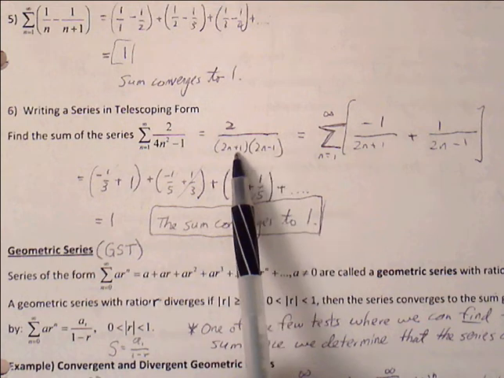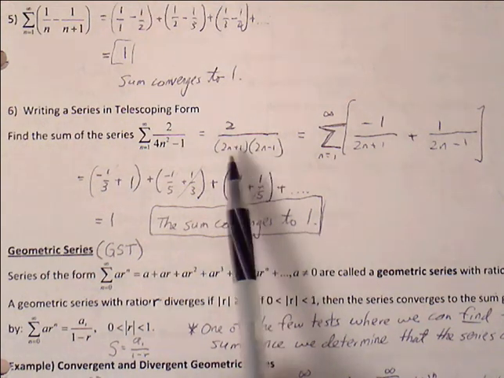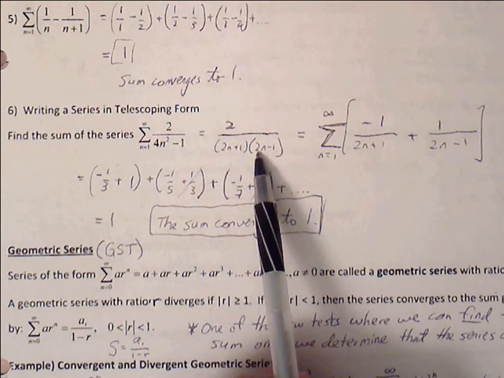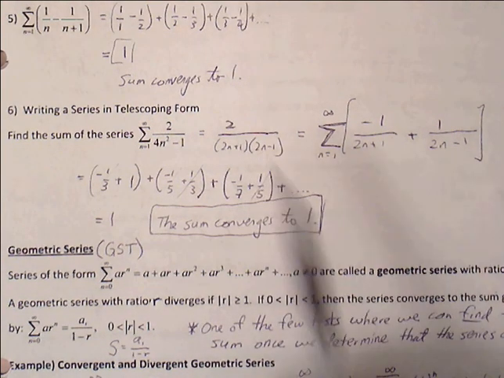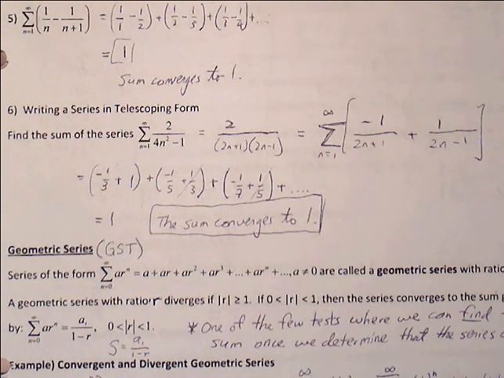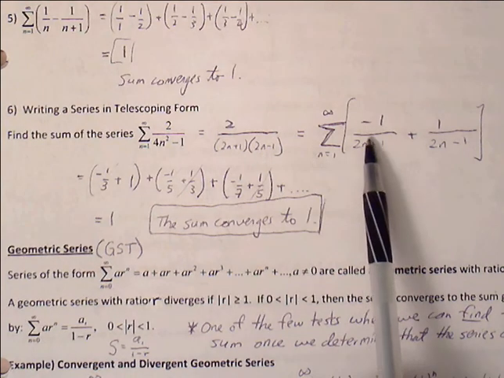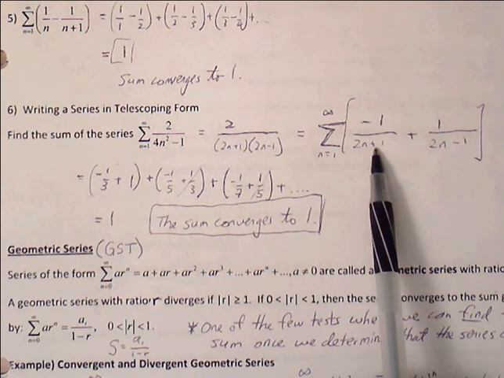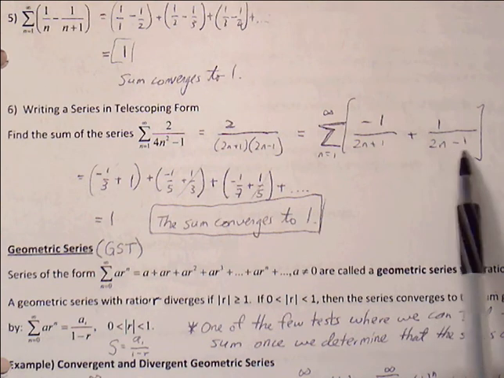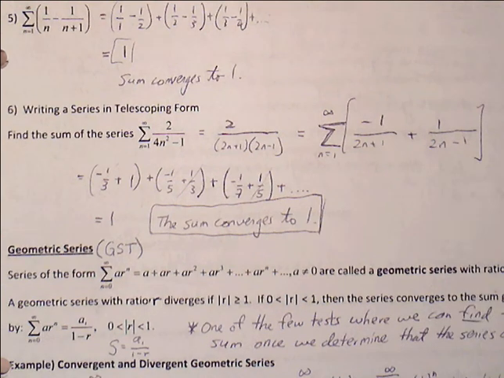And we can do partial fraction decomposition to help us break this down into the sum of 2 fractions. So one way we can do this is we know that we have a fraction with 2n plus 1 in the denominator, and we have another fraction with 2n minus 1 in the second denominator.